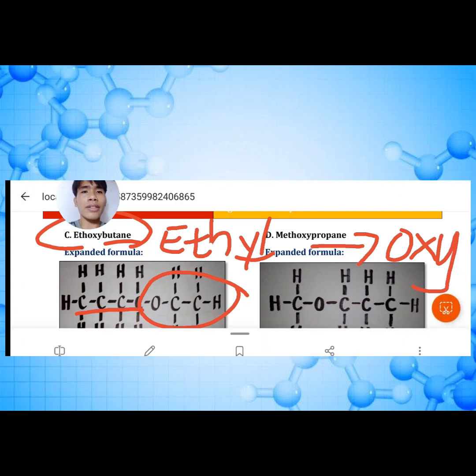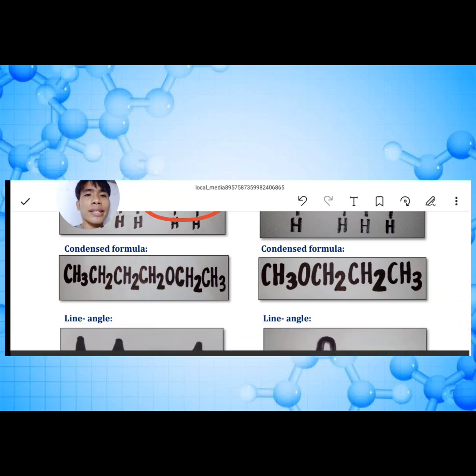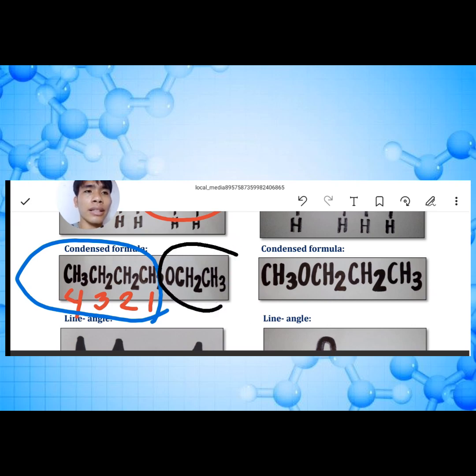So we'll proceed to the other method, the condensed formula. Since butane is composed of 4 carbons, right? This is 1 carbon, 2 carbons, 3 carbons, 4 carbons, butane. This is the butane, and the other is the ethyl or the ethoxy group.